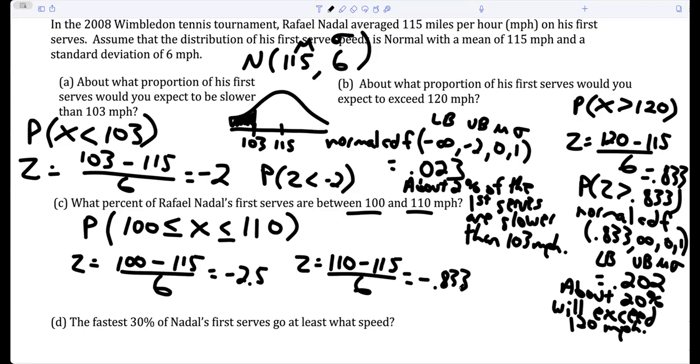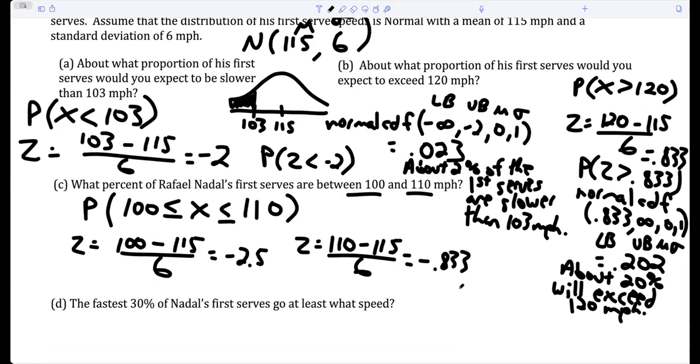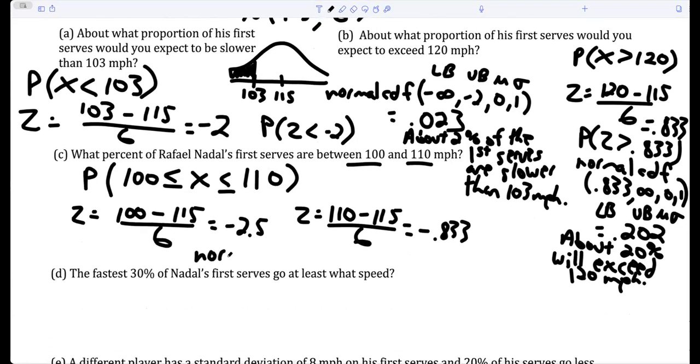So after I have my two z-scores, I'm going to put those z-scores into normal CDF. So normal CDF, and the lower bound would be -2.5. Upper bound would be -0.833. And then mu and sigma are 0 and 1.